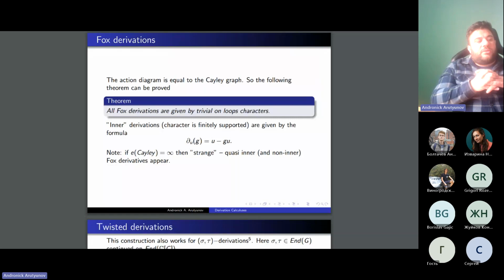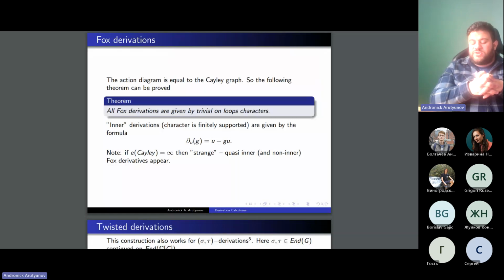And in the more usual case, when the Cayley graph has one or two ends, this is the case. You can find this by Stallings' theorem. It just means that your group cannot be decomposed as a free product with amalgamated subgroups.